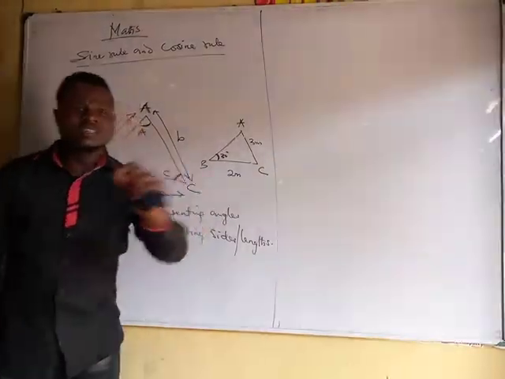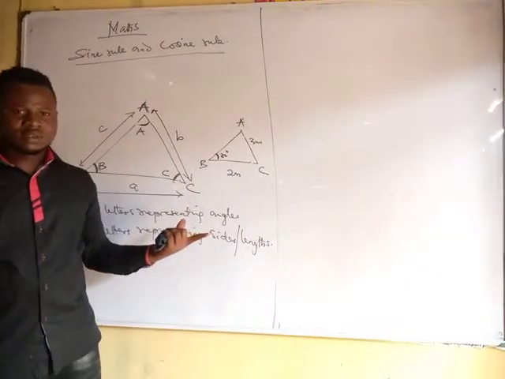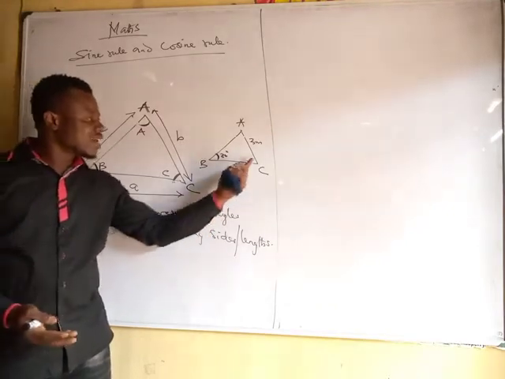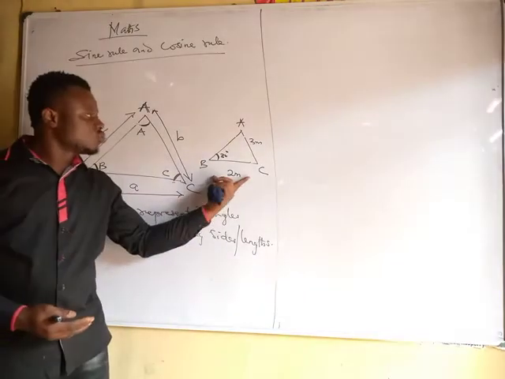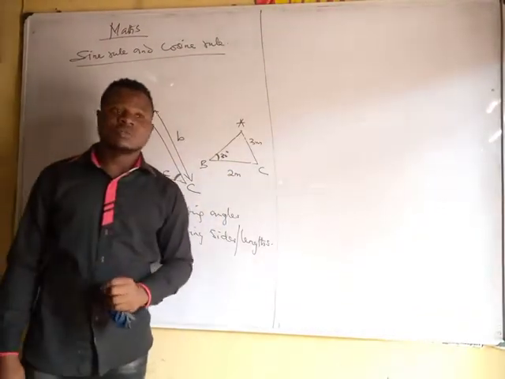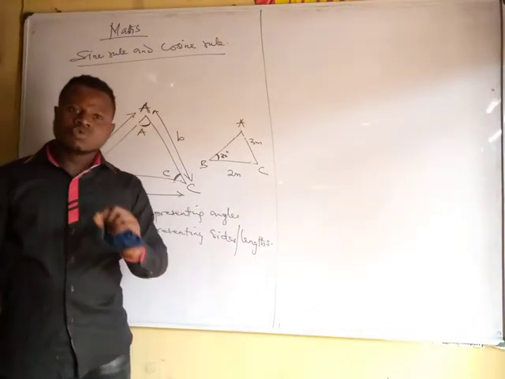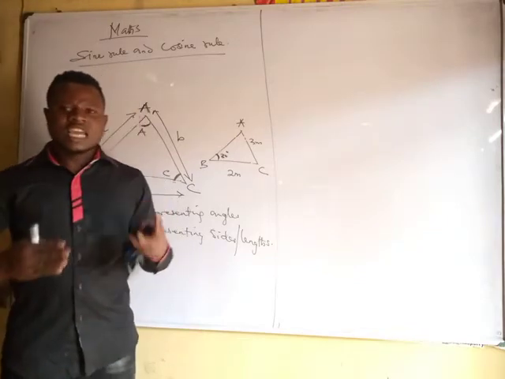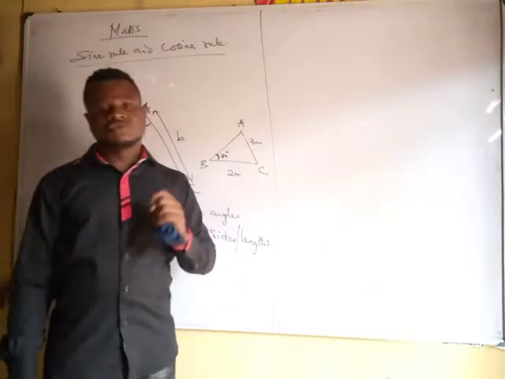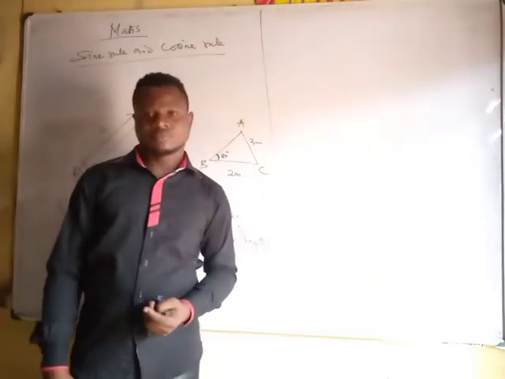Whenever a triangle is given and one dimension of that triangle is complete, maybe you need to find the other dimensions, like the angles and their distances, we apply what we call the sine rule formula. So the sine rule formula is applied when one dimension of a triangle is complete. Maybe you are asked to find the other dimensions.